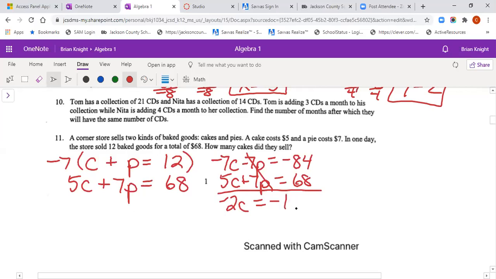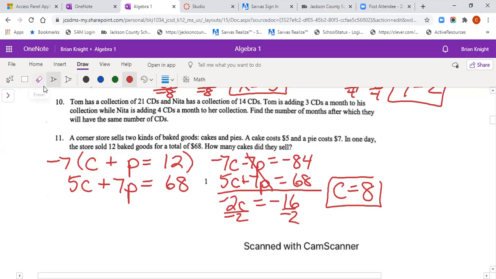Is that right? 16. Okay. Divide by -2. We got to sell 8 cakes. So that's how many they did sell. Correct. Everybody good? Yes, sir. Page 1. Everybody clear? Awesome.